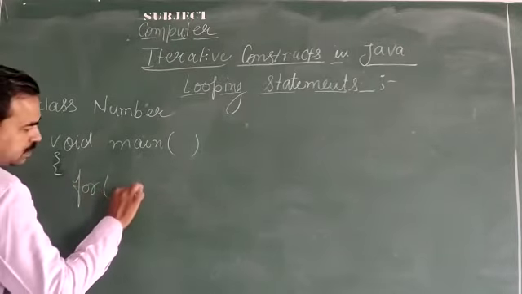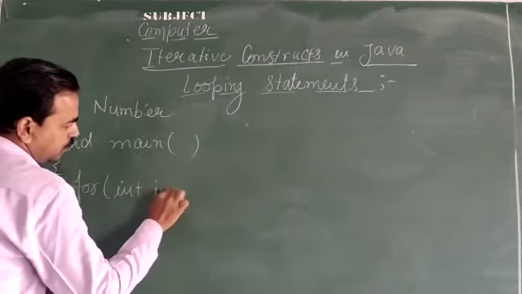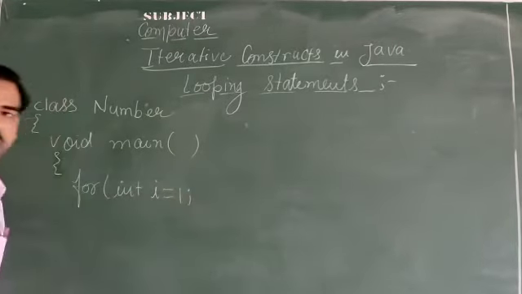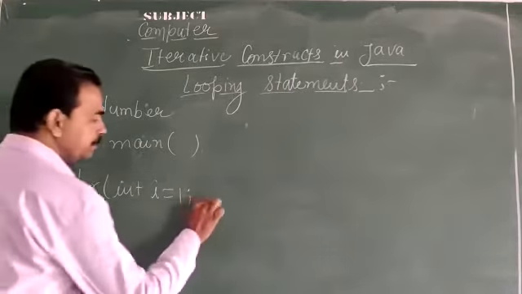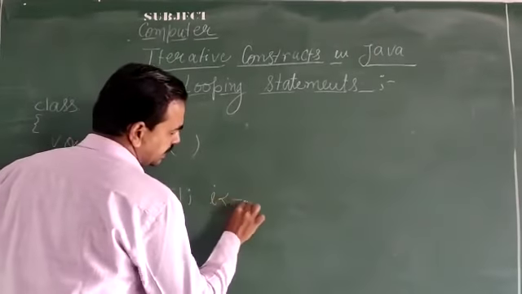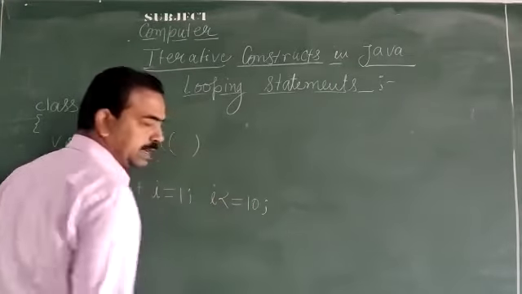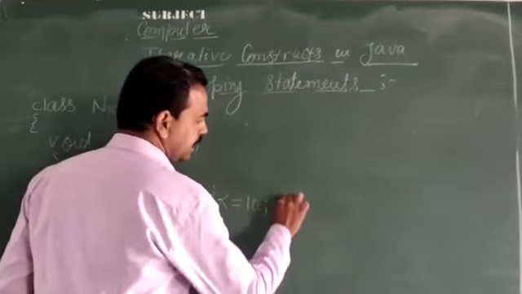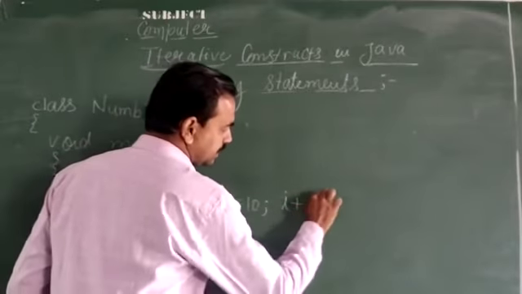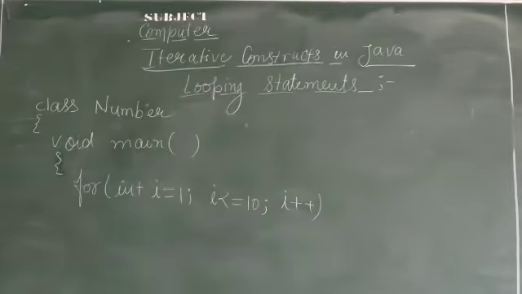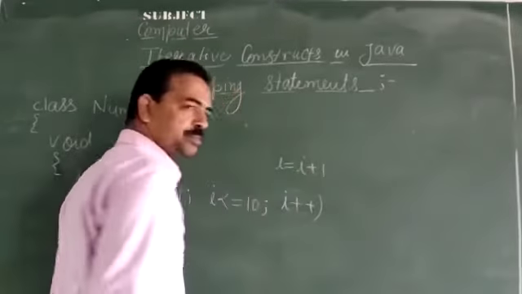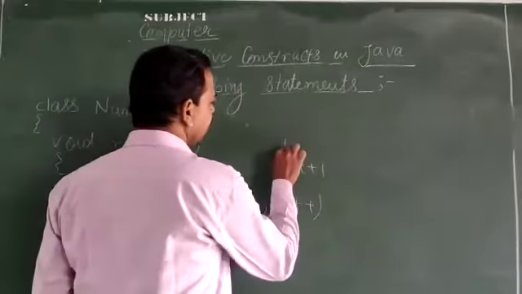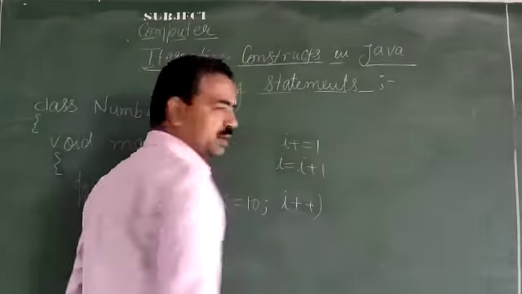Then directly apply the for loop: for int i equals 1, because we have to print the numbers from 1 to 10. So the condition will be i less than or equal to 10, i plus plus. In place of i plus plus, we can write i equals i plus 1, or we can write i plus equals 1.